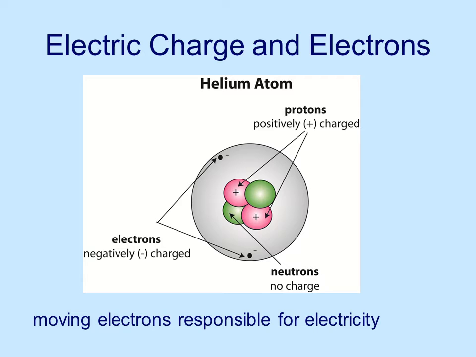Electrons will be generated and flow through a wire, either generated by a chemical reaction with a battery or by some other source of generation with a power plant. But the key is that these electrons are negatively charged, and the protons are positively charged. Of course, the neutrons have no charge.